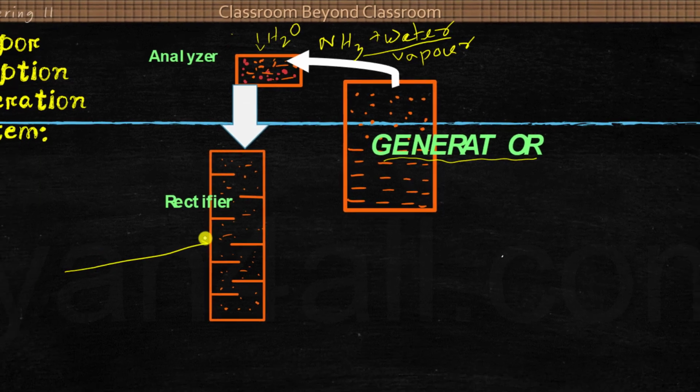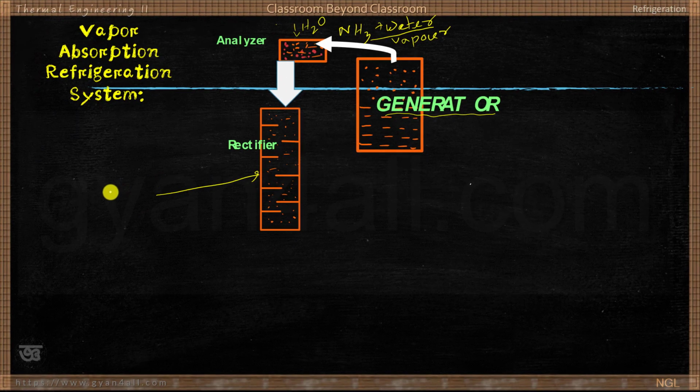This rectifier again removes water from ammonia. If there is any more water vapor or water particles, those will be removed by the rectifier.